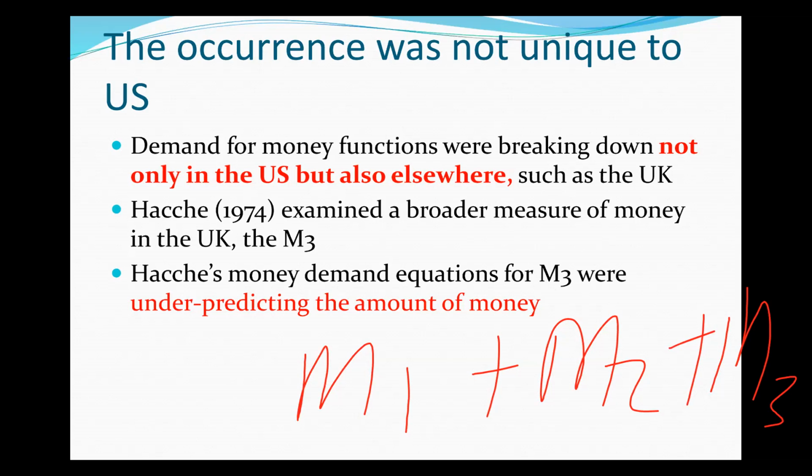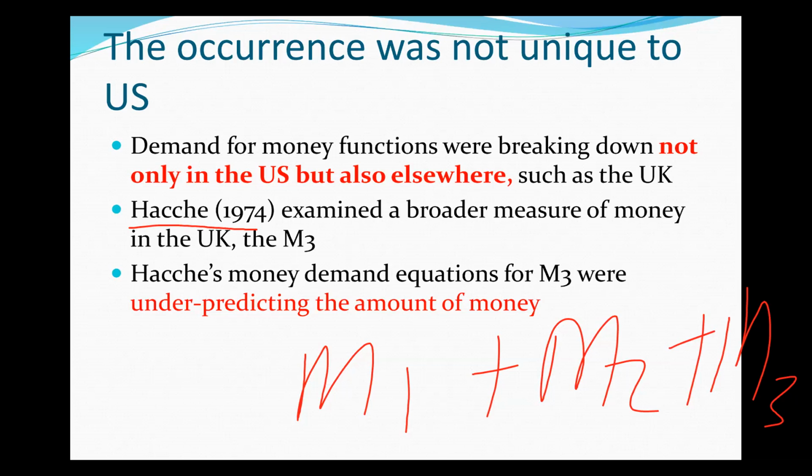There was another theory postulated in 1974. It examined the broader measure of money, that is M3, which includes M1 plus M2 plus other less liquid forms of money.